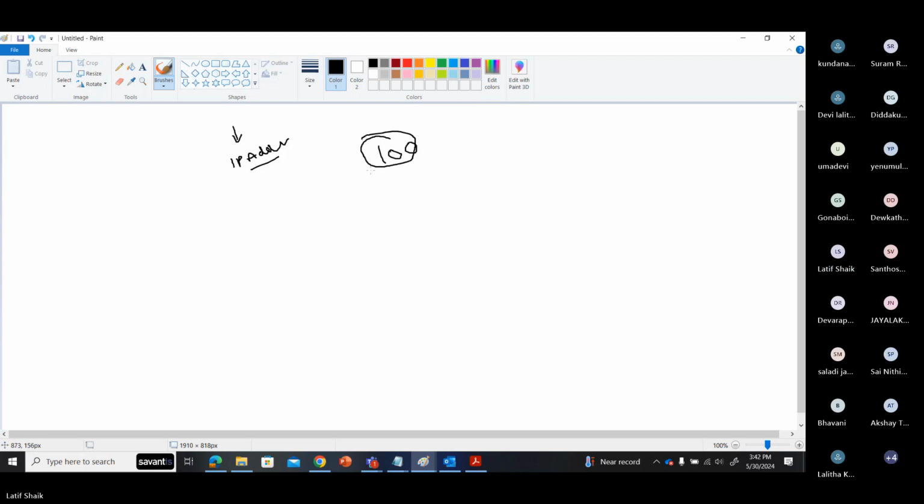I want to connect 100 computers and assign IP addresses. If I use class C, we get 254 IP addresses minus 100, so 154 IP addresses we are wasting.